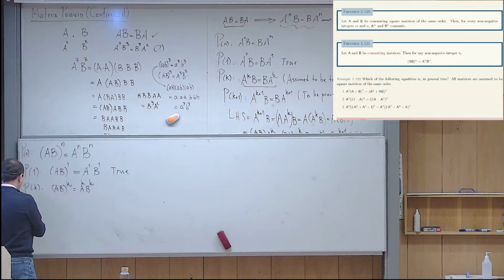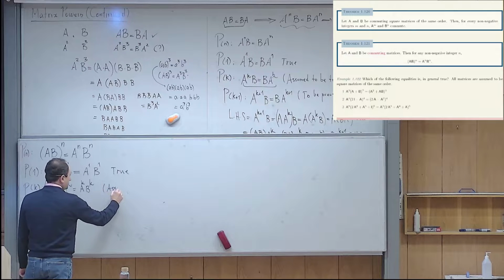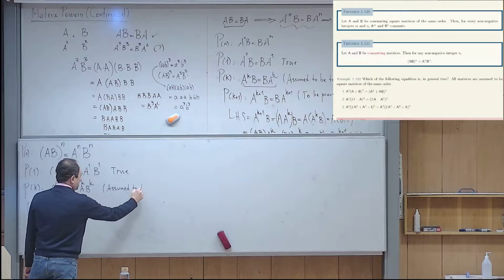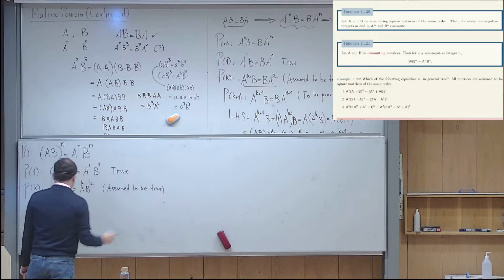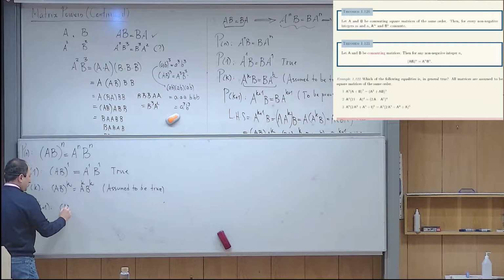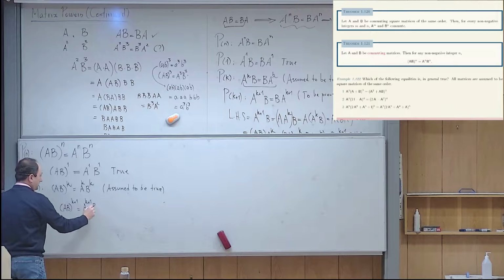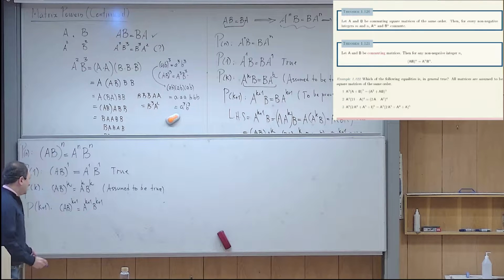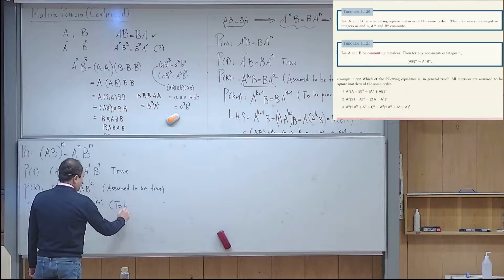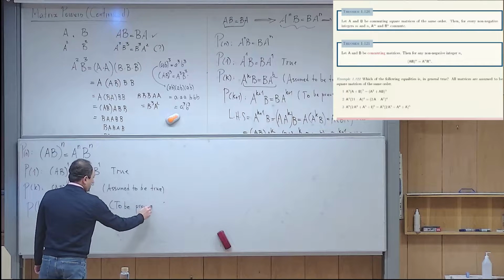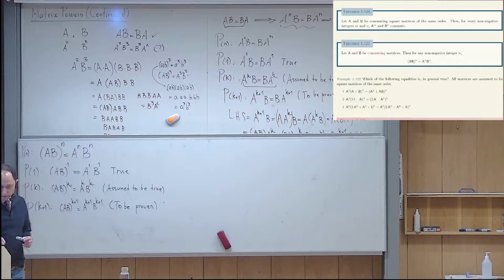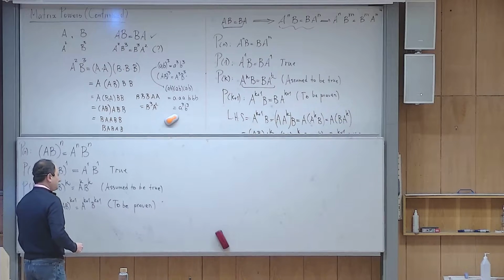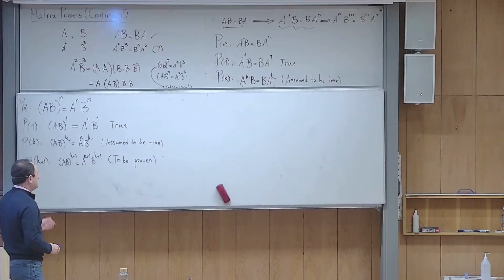So I want to test your understanding now. I want to prove P(k+1), given that P(k) is assumed to be true. I want to prove that (AB) to the power of k+1 is equal to A to the power of k+1, B to the power of k+1. That's my goal to be proven. How should I prove this?